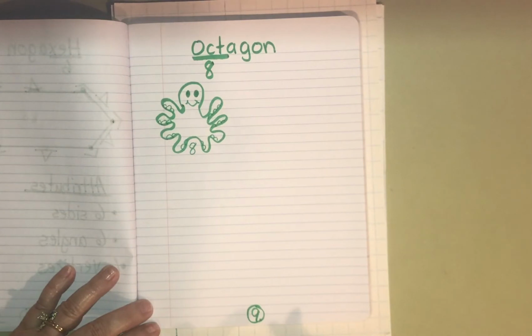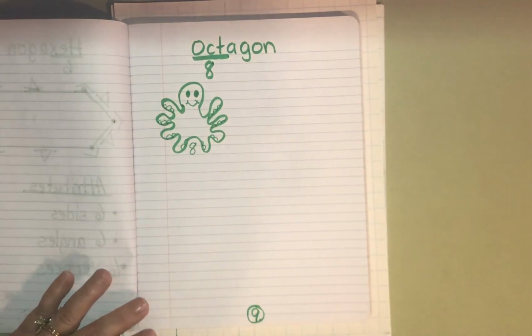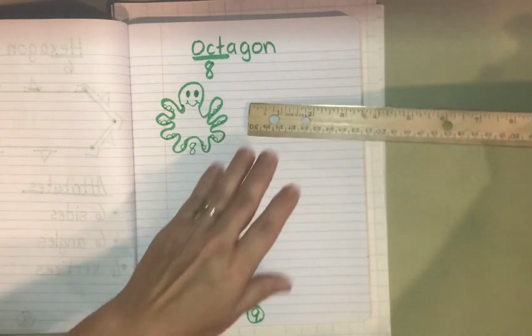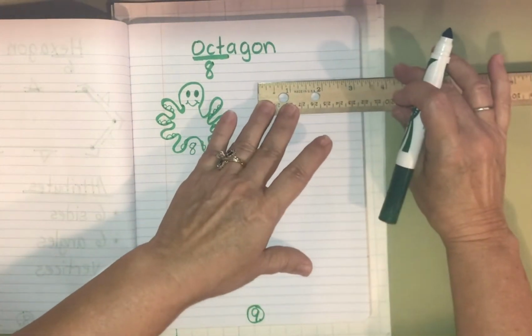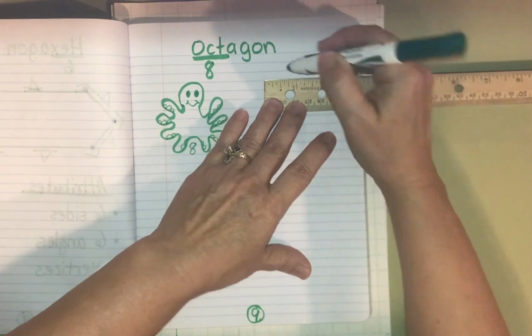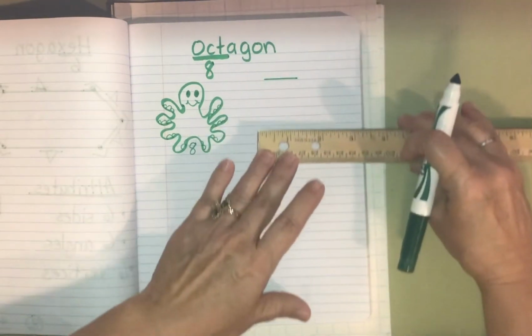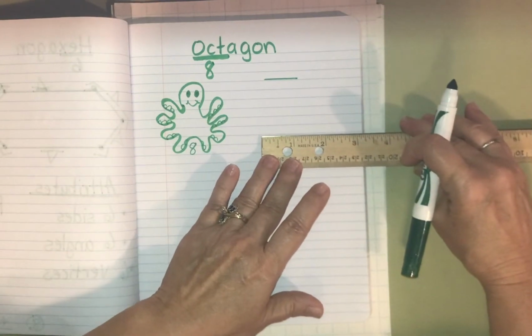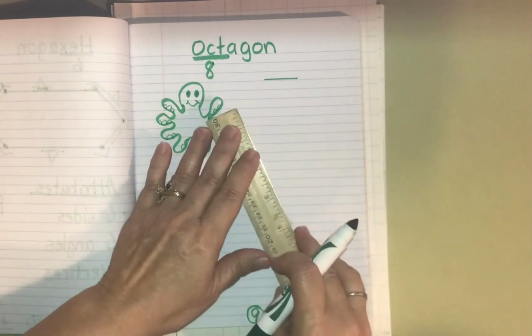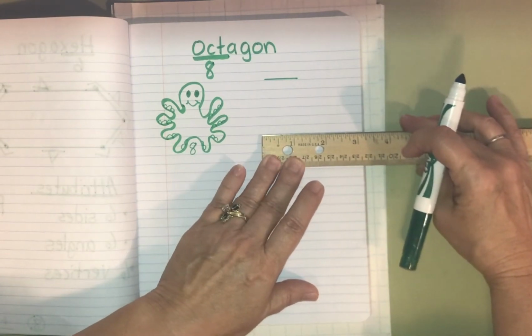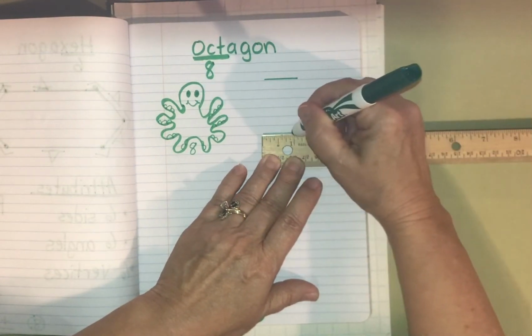Octa means 8. Okay, now you will need your ruler, so we're going to use the inches side, and we're going to start up here. We want to draw one 1-inch line. Okay, and then we're going to go down here. Well, let's go ahead and make another parallel line to that one.